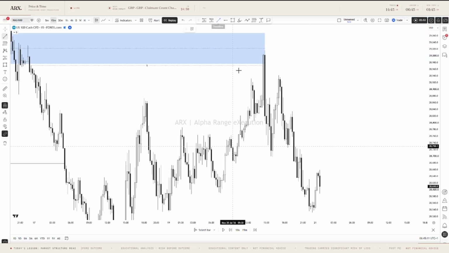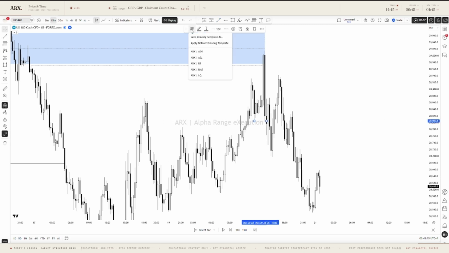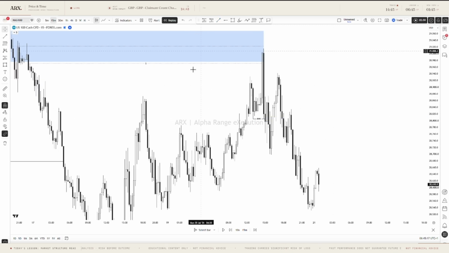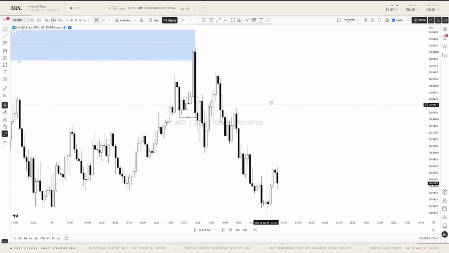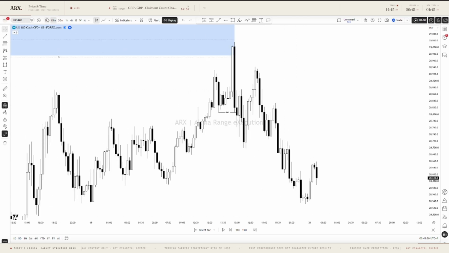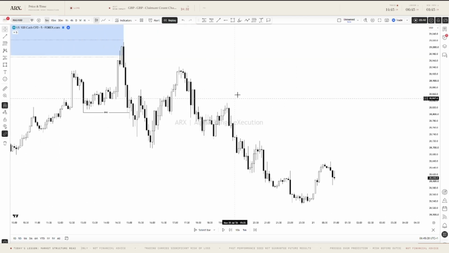That's what you want to see. They break the structure. So from that point, the market has the main trend bearish and the counter trend has become bearish. Perfect.